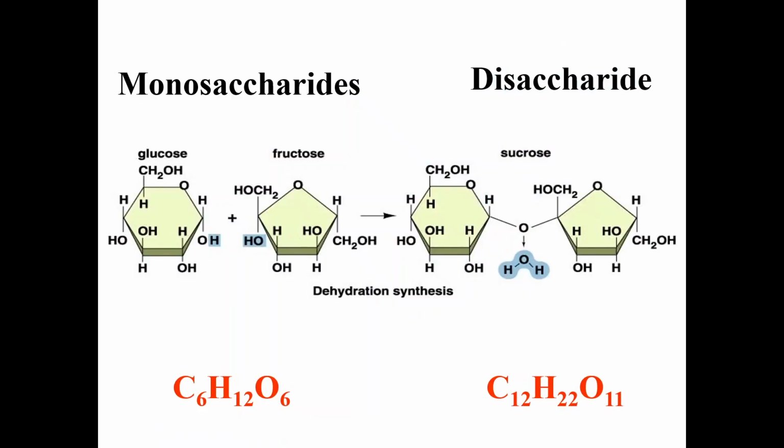And they're going to go ahead and they're going to form together, right, by getting rid of that water, right, to form a disaccharide. Okay, so same concepts, we're just applying more specific names to them. Okay, same process, right? We're getting rid of water to form a disaccharide.